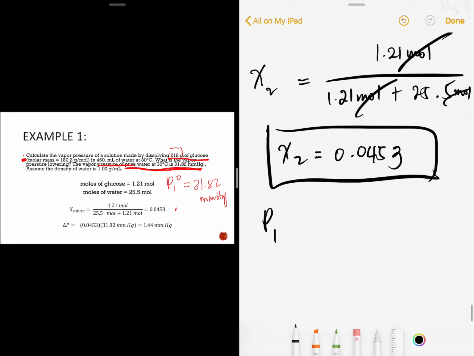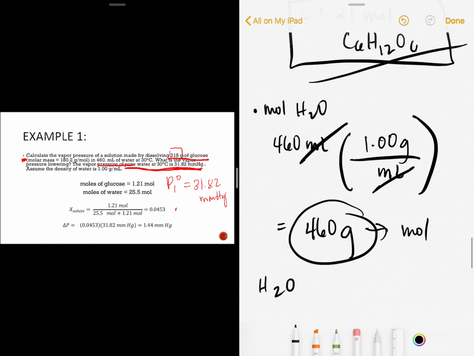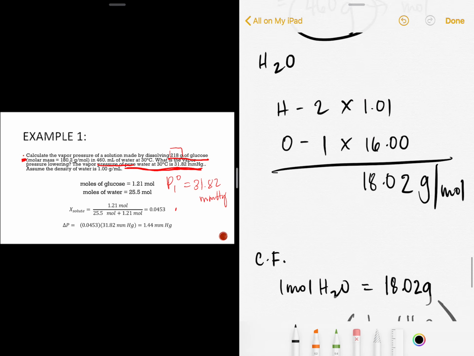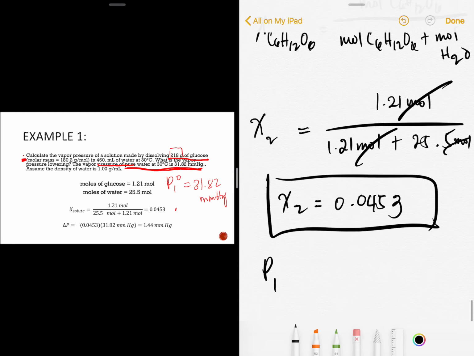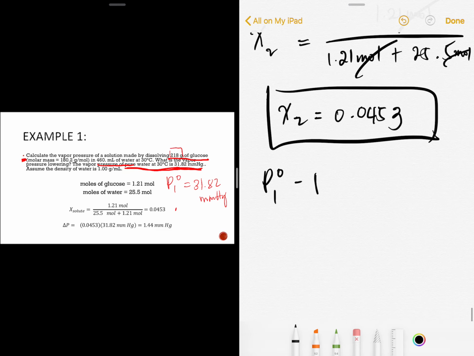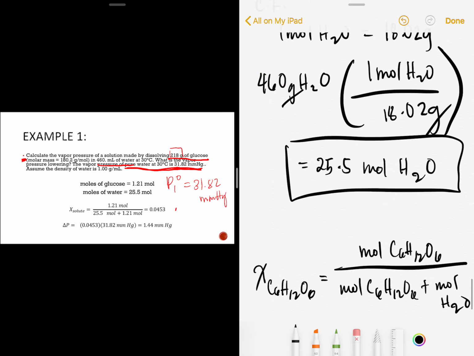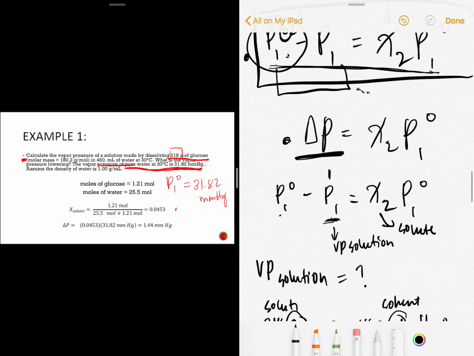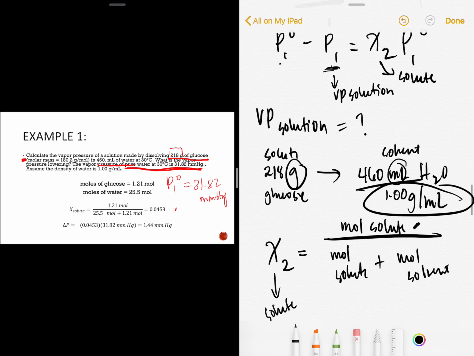That is P1. What is again the formula for your P1? Okay, sorry. It's P1 naught. Tama? P1 naught minus P1 is equal to the mole fraction of your solute times P1 naught. Is my formula correct? Let me check. Yes, okay, it's correct.